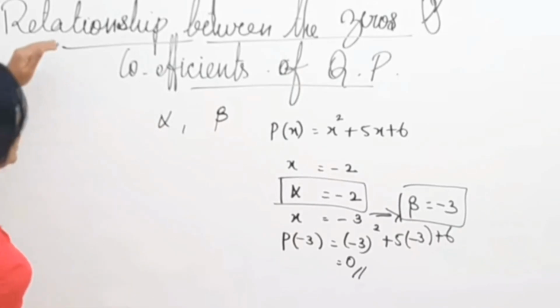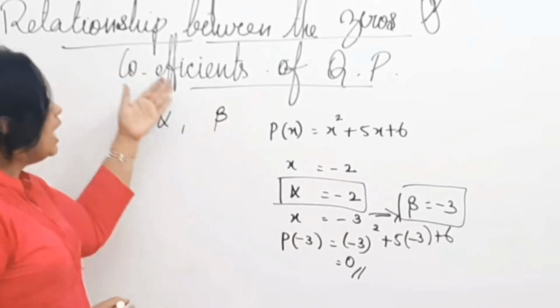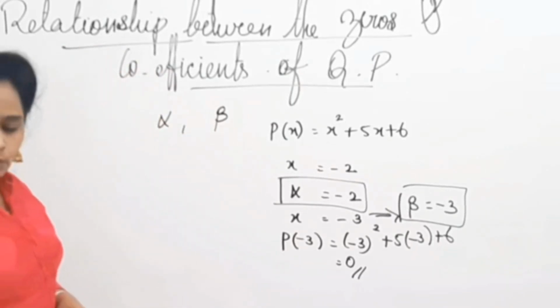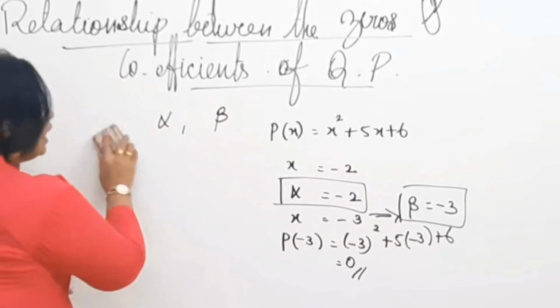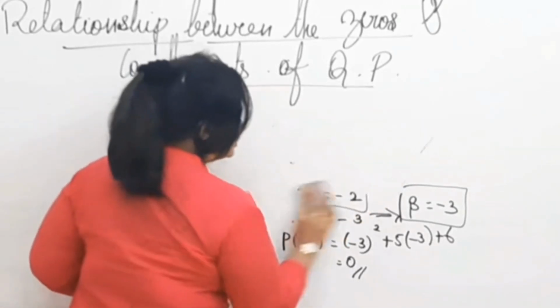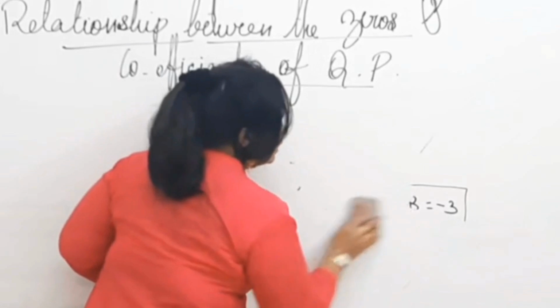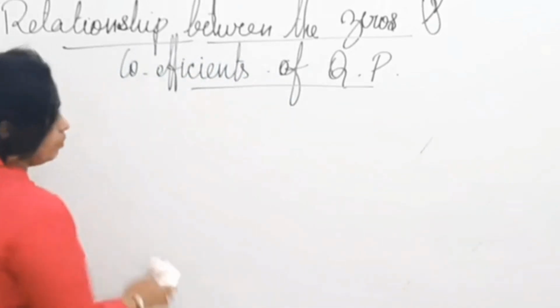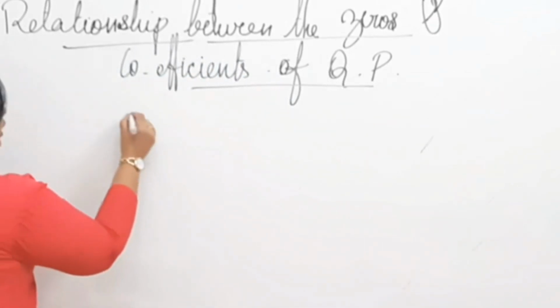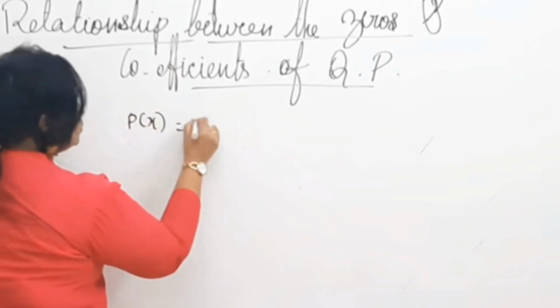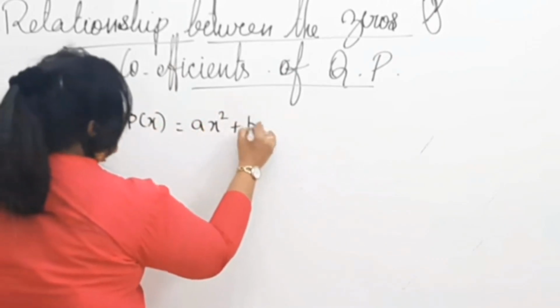Now, what is the relation between these zeros and the coefficients of the quadratic polynomial? Let me write my quadratic polynomial first, in the standard form. The standard form of the quadratic polynomial is p of x is equal to ax square plus bx plus c.